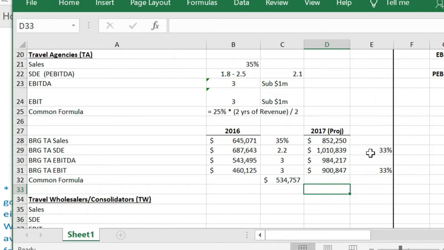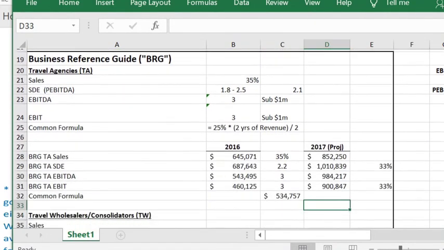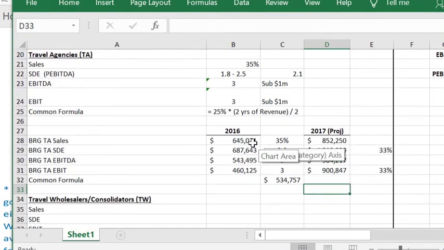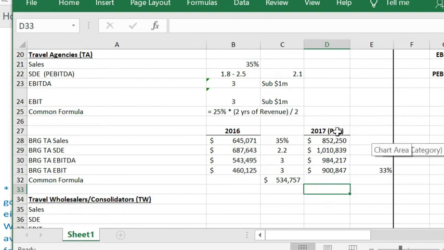So he's got some historical data there, and he's then plugging those numbers of ours that we see here into different scenarios. So we've got a 2016 scenario, and it's coming up with a valuation of the business based on those 2016 numbers only. We've got 2017 projected numbers based on the multiples that those types of businesses, travel agencies in this example, were selling at.